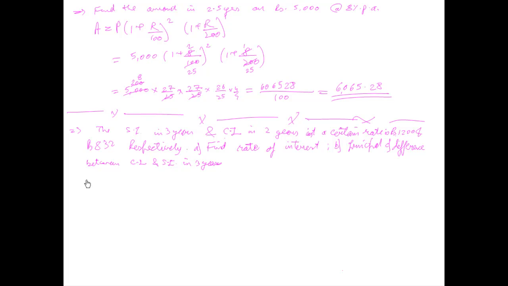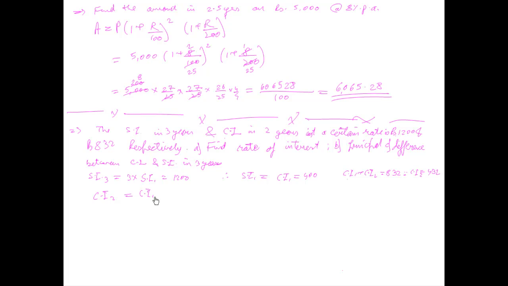So children, we begin with simple interest for 3 years equals 3 times simple interest for 1 year, which is equal to 1200 rupees. Therefore, simple interest for 1 year, which is the same as compound interest for 1 year, is 400 rupees, because it's 1200 upon 3. Now children, we have CI1 plus CI2 as 832. Putting in CI1 as 400, we get CI2 is equal to 432. Now children, we apply the formula.